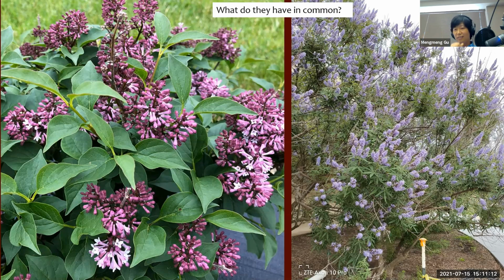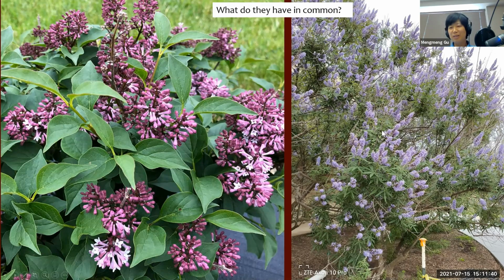Most of us are familiar with the Syringa lilac on the left here, and in Texas we call vitex Texas lilac. So what these two things have in common is that they both have lilac in their common name.